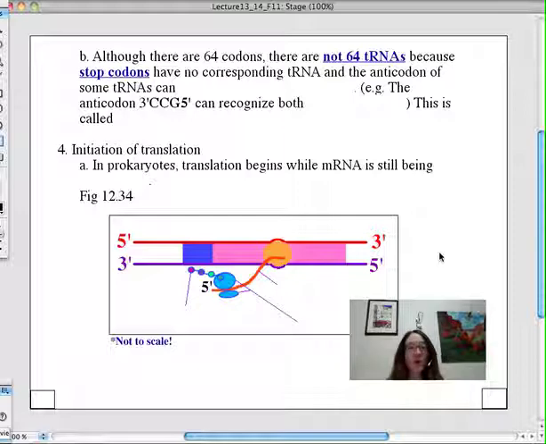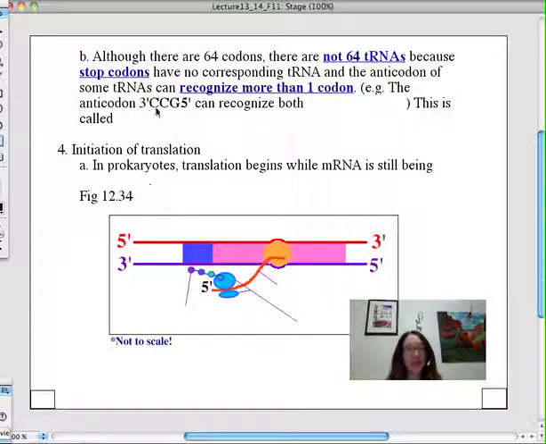So when we recognize the root of degeneracy here, we can say a couple of things. One is that there's no tRNA for a stop codon, but then another is that sometimes tRNAs will recognize more than one codon. And here's a bit of an example. If we look at the anticodon 3' CCG, we would recognize that one of the codons that it would recognize would of course be 5' GGC.